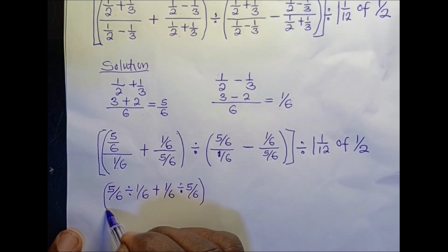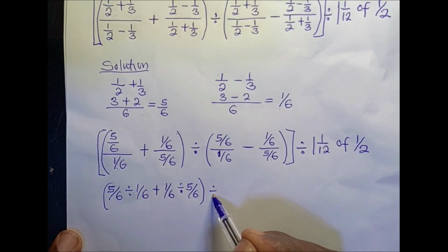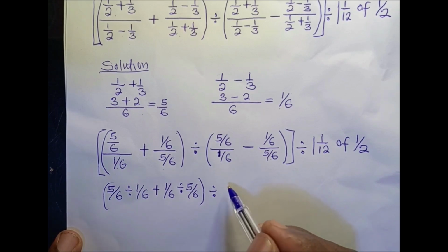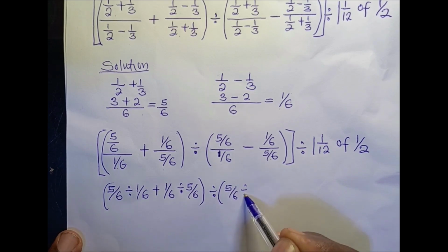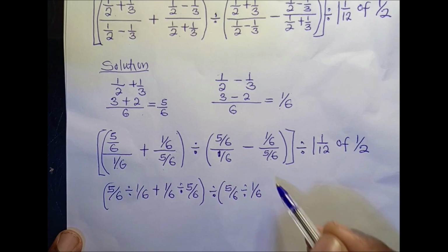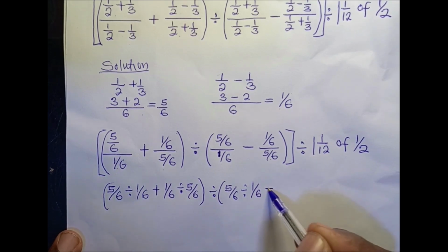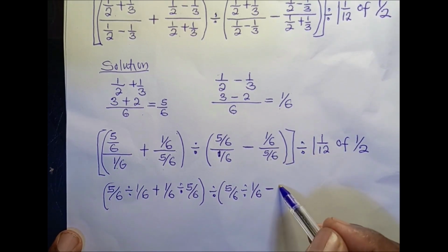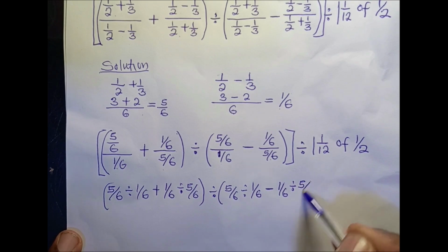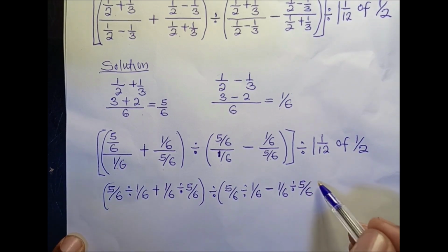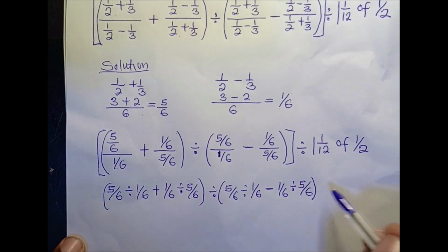This one is for the first bracket. Divided by 5 over 6 divided by 1 over 6 minus 1 over 6 divided by 5 over 6, bracket close.